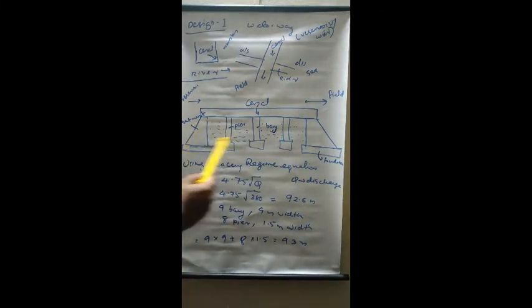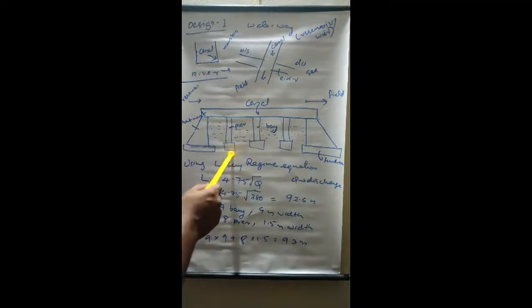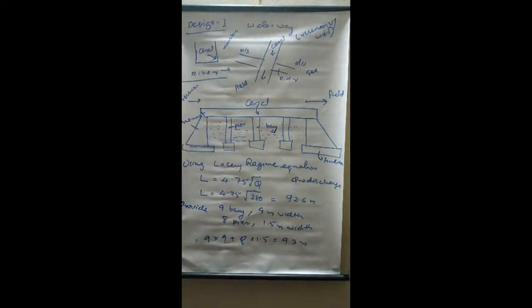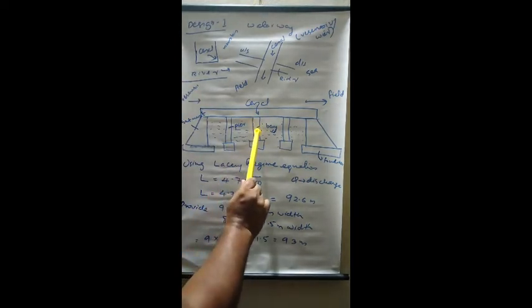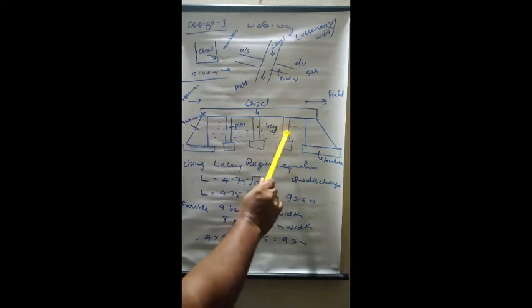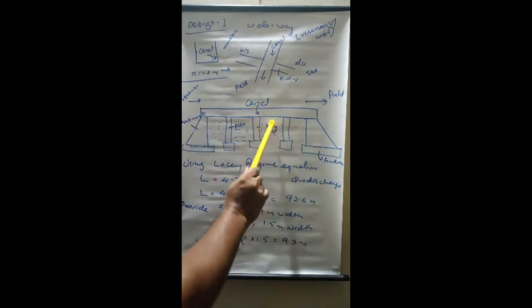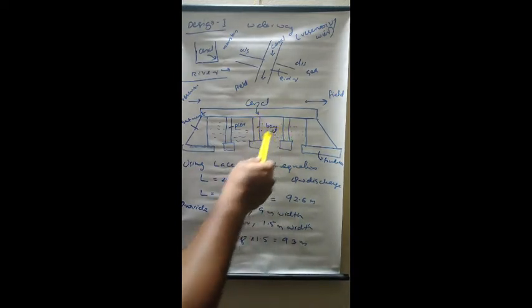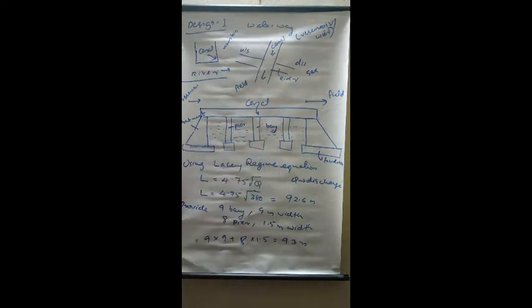And for the abutment, we need to have foundation. In between, we have some other supports, that is piers. This pier. And for the pier also, we have this foundation. So in between two piers, the area through which the water is passing is the bay.